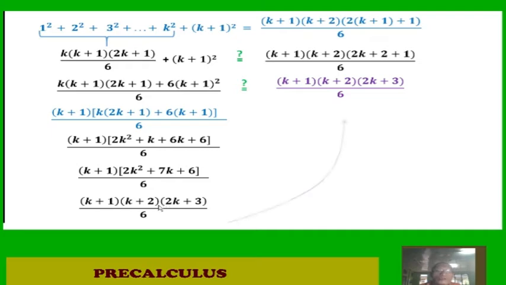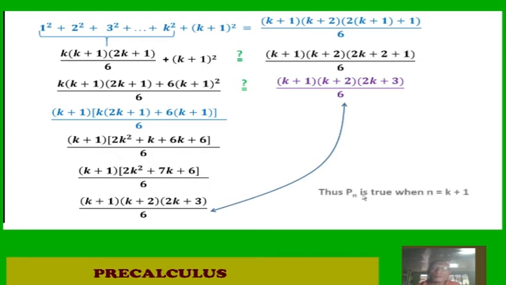So we have verified that the left and right side of the statement are equal. Thus P of n is true when n is equal to k plus 1. Therefore by PMI, P of n is true.